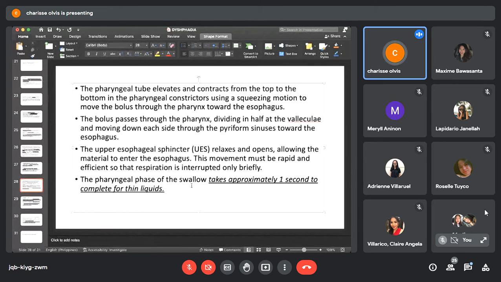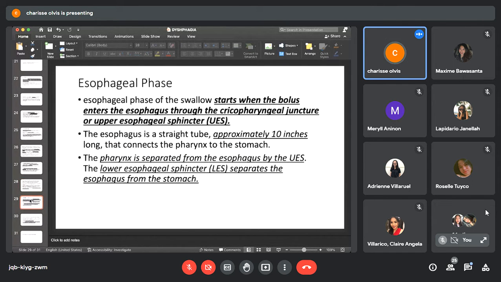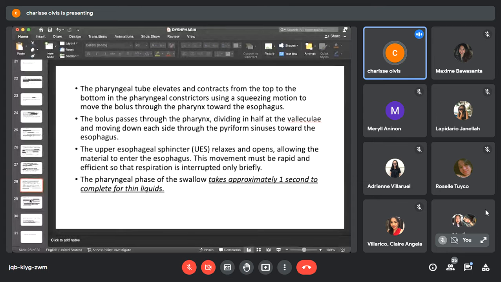The pharyngeal phase of the swallow takes approximately 1 second to complete for thin liquids. Before entering the esophagus, we have a sphincter, so it controls the entry of food towards the esophagus. Questions so far?